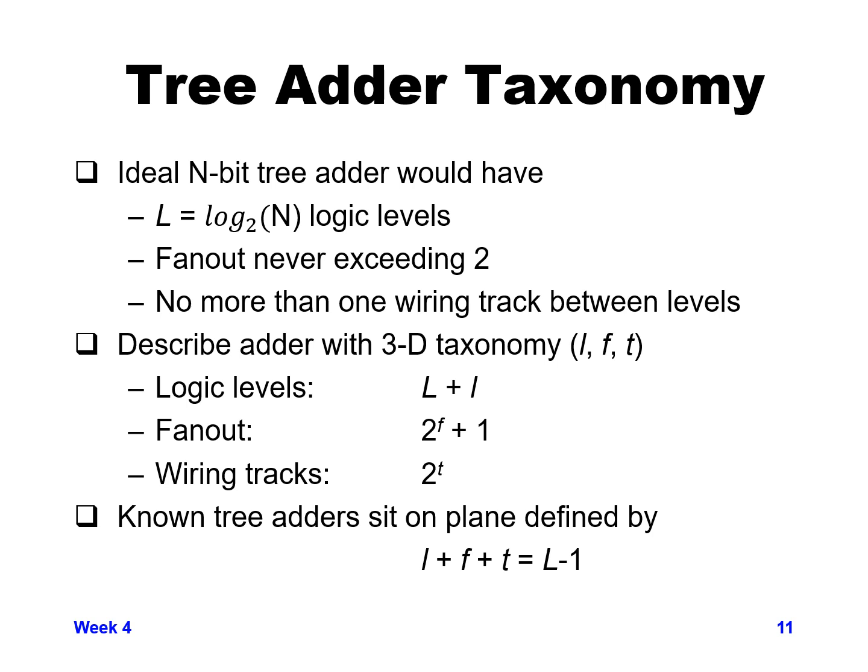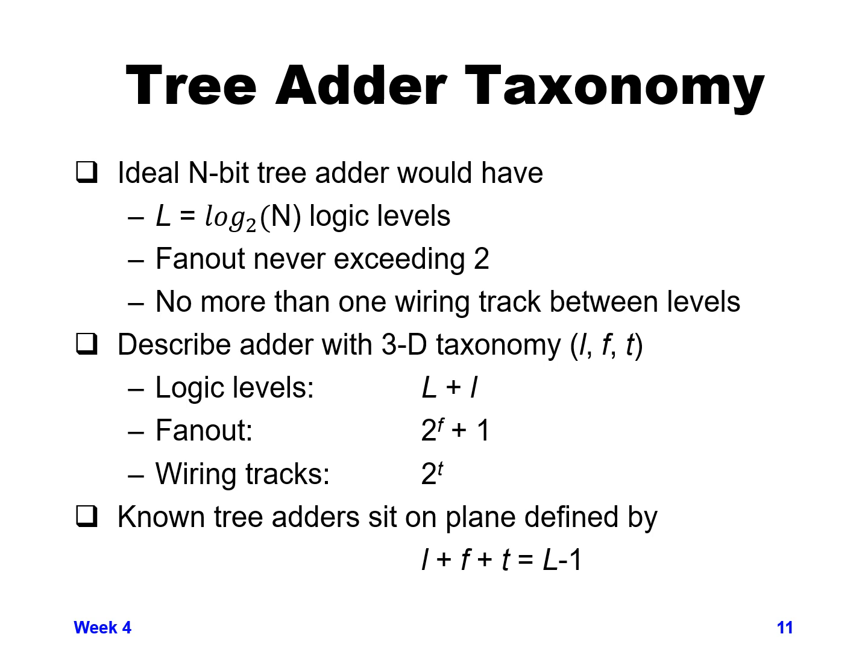It turns out you can't get all of those at the same time in the same adder. So we found that we can describe an adder with a 3D taxonomy based on three variables: lowercase l, f, and t. The lowercase l is used to determine your total logic levels.